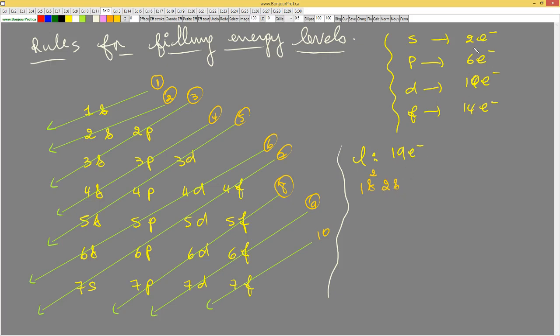Because it is an s, it has only 2 electrons, so I put 2 here. Now I finish diagonal 2. They told me to go to diagonal 3. In diagonal 3, I have to start with 2p. So I'm going to put 2p. How many electrons am I allowed to put on 2p? On p, I can put 6. How many electrons until now? 2 plus 2 is 4, plus 6 is 10.